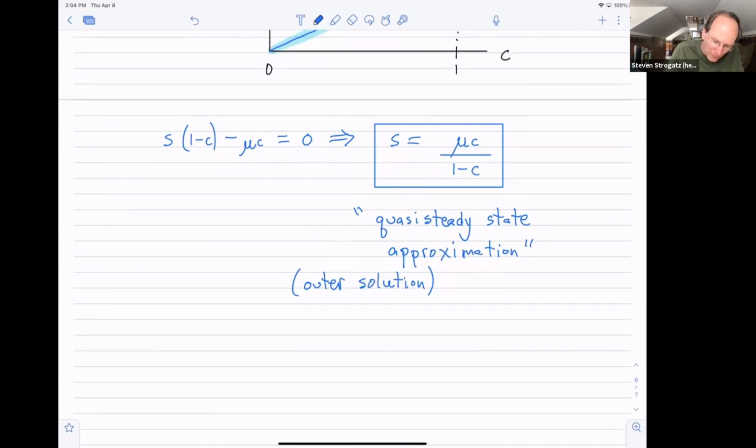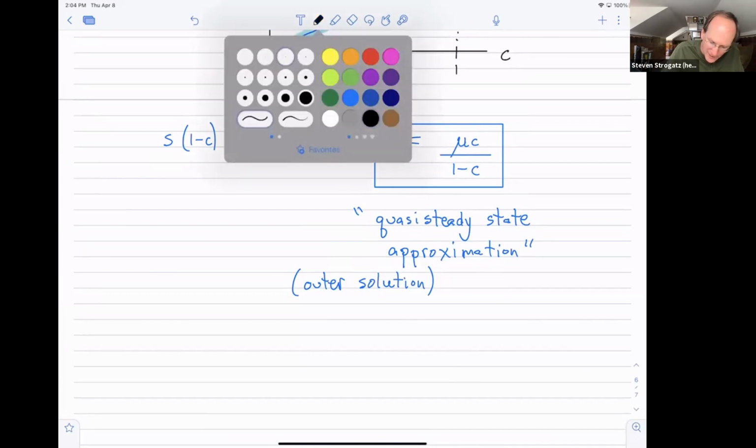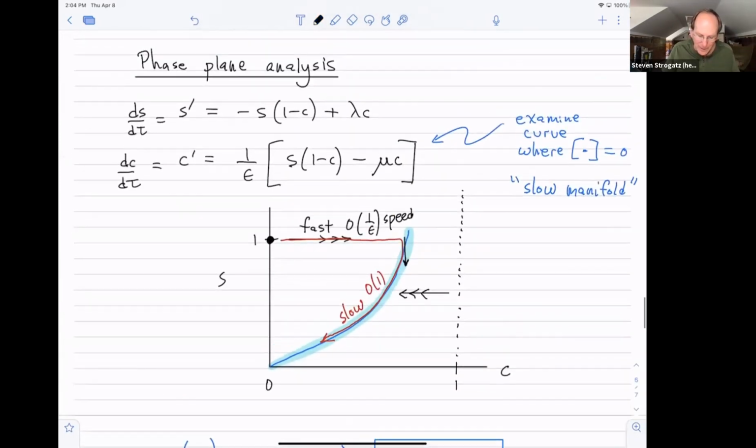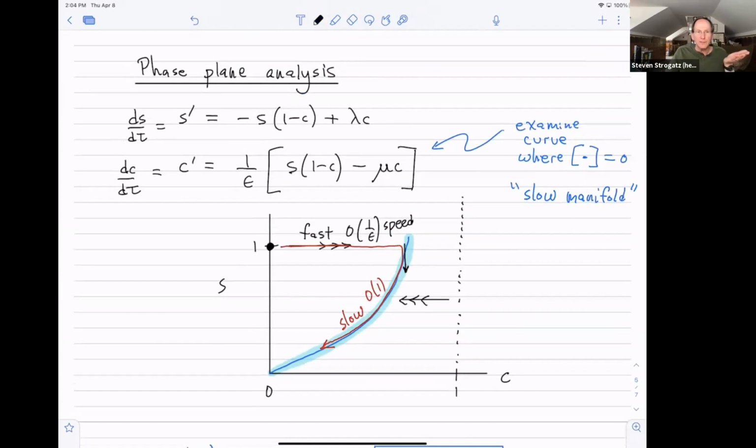Incidentally, why would anyone call it the quasi-steady-state approximation? It's because for people who haven't done a course in perturbation theory, the way they justify it is they think of just setting dc by d tau approximately 0.